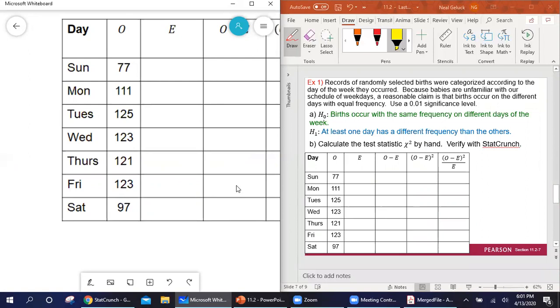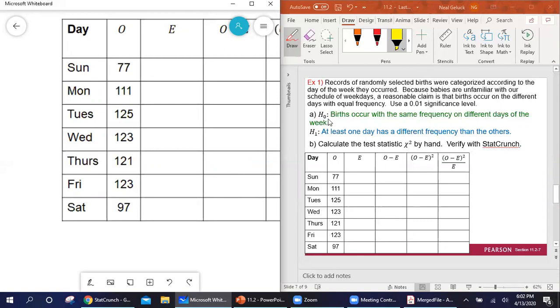So again, I have observed values here for each day of the week at some hospital. Now the claim is that, hey, babies don't know about our difference between weekdays and weekends. So it would make sense that it should be an equal frequency, the number of babies born on each day of the week. Now, obviously, they're not the same, but we're going to measure this.